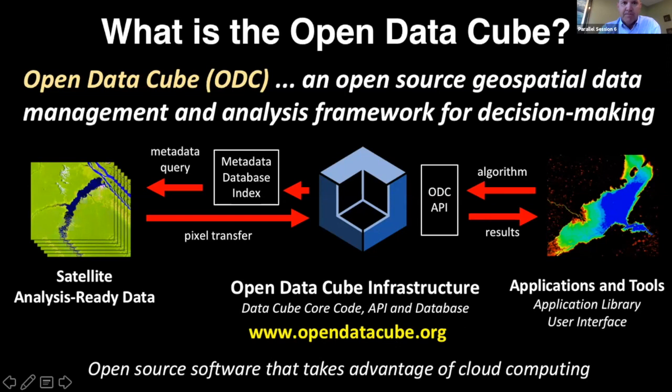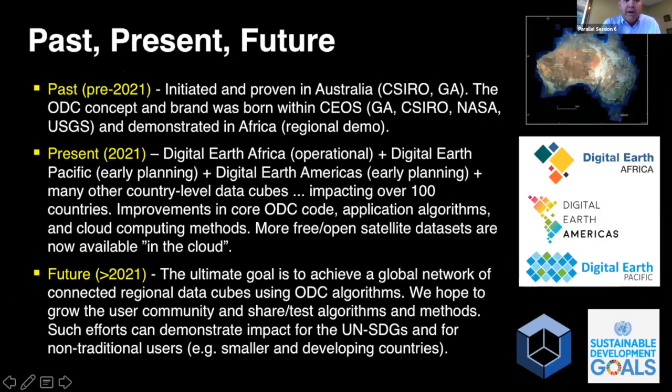So what we've been doing in the past, everything started in Australia. CSIRO and Geoscience Australia were the ones that pioneered the Data Cube activity. And then we as a group within CEOS, several agencies, GA, CSIRO, NASA, and USGS, came together and created this Open Data Cube concept that would take what was done in Australia and brand it and make it available to the world in a global way.